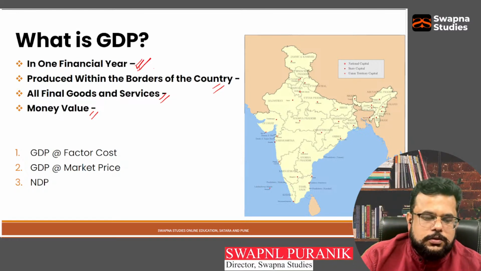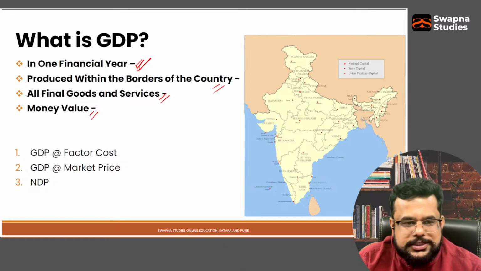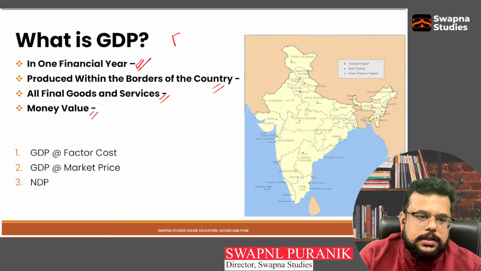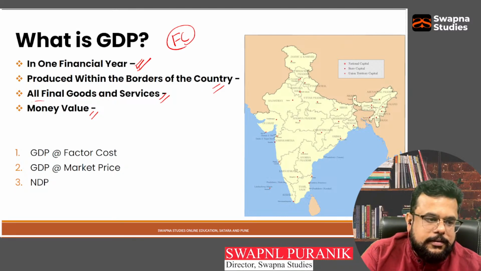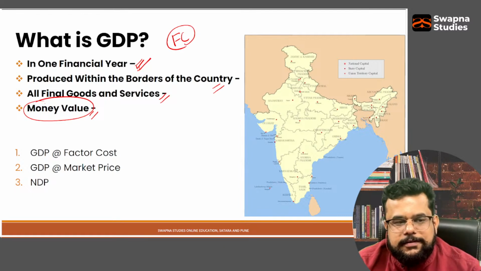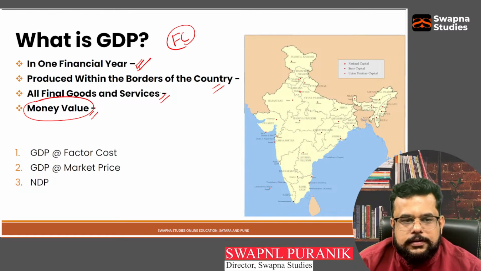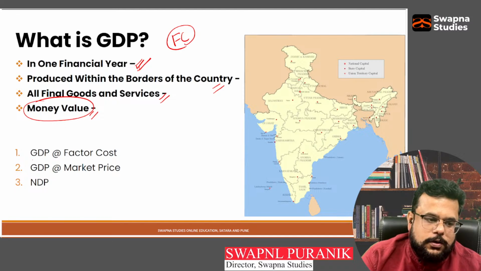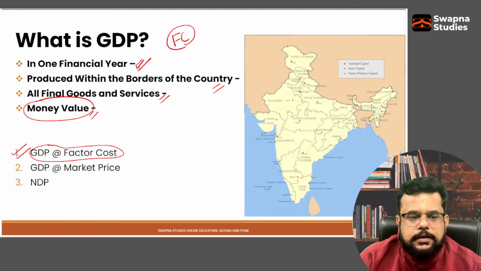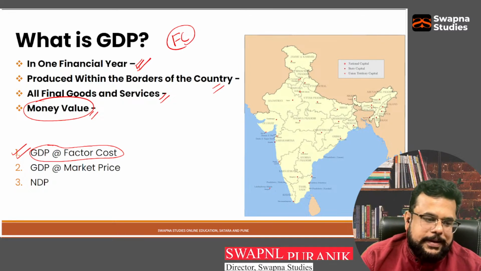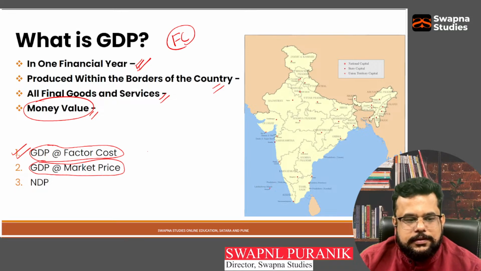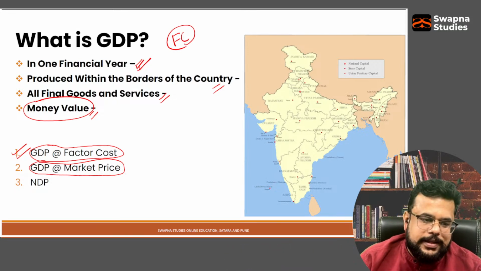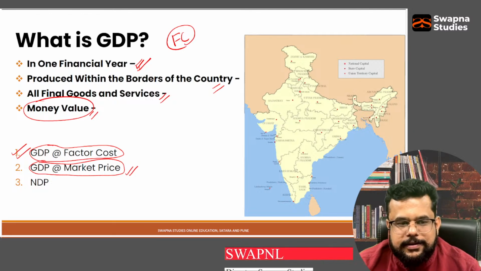So when we calculate GDP and consider only the factor cost and its money value, then it is called GDP at factor cost. And when we consider only the market prices of the goods and calculate the GDP, then it is called GDP at market price.